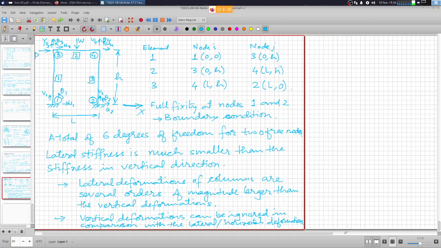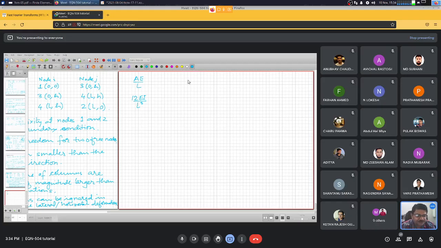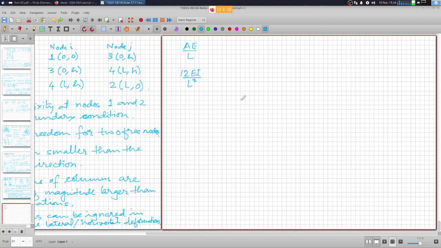For example, let's look at the numbers. What is the axial rigidity going to be? Axial rigidity is AE by L, and flexural rigidity, it's a cantilever beam, so 12 EI by L cube, right? Deformation at the free end of the cantilever, isn't it? So what are the representative numbers?